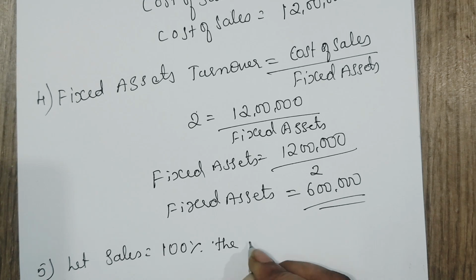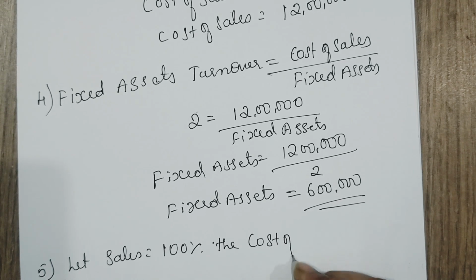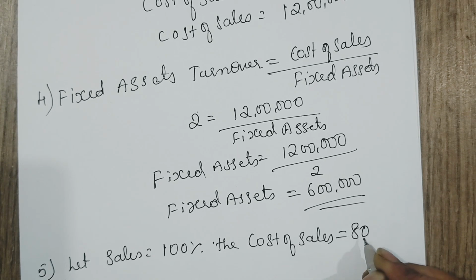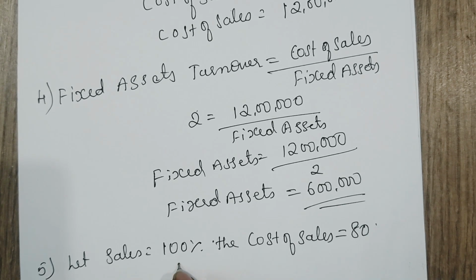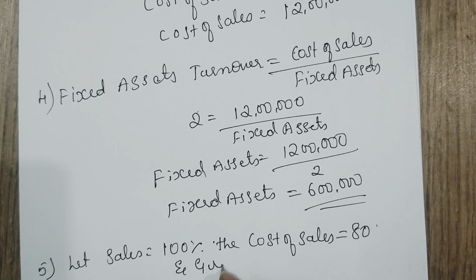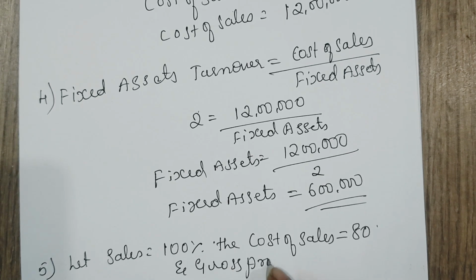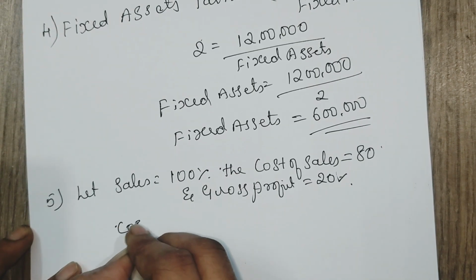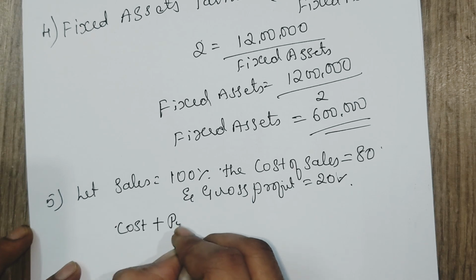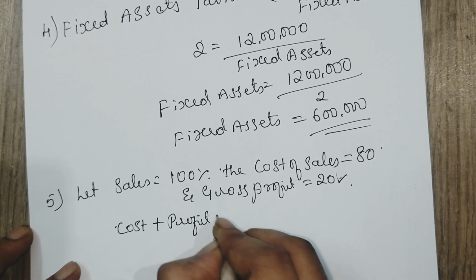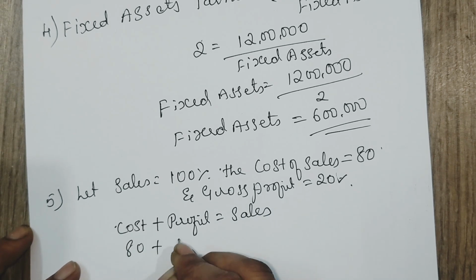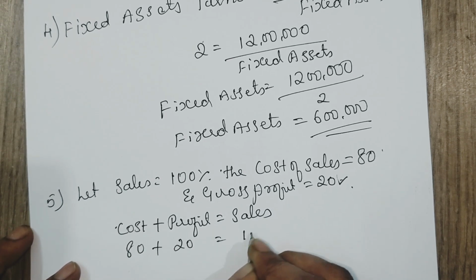Then the cost of sale, if sales is 100%, cost of sale will be 80, because gross profit they said is 20%. Gross profit percentage is given. So cost plus profit is equal to sale. Cost is 80 plus 20, then it will be 100.